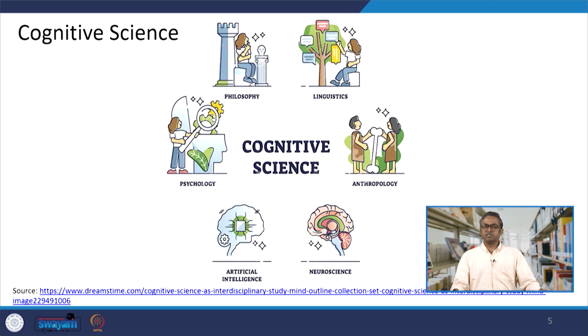But before that, I think it is important for us to understand the origination of cognitive ergonomics. Cognitive ergonomics is comprised of two words, cognitive and ergonomics. It is very important for us to first understand cognition, or cognitive.